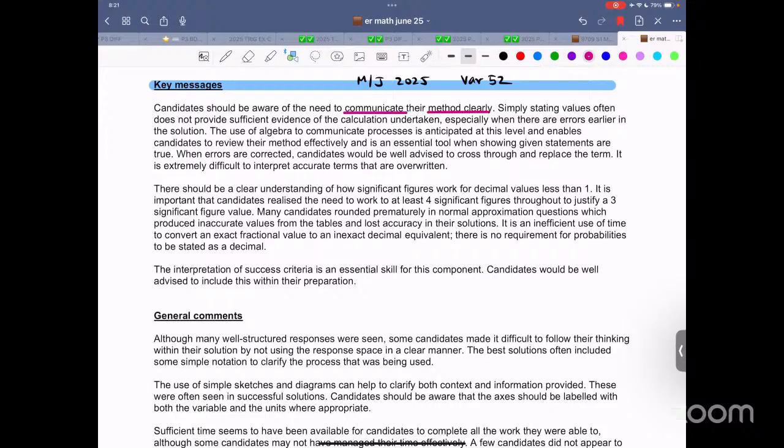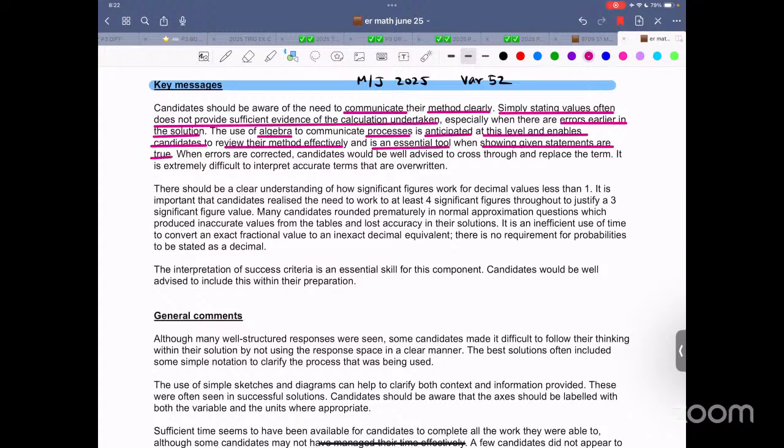We talked about it last time also. Simply stating values often does not provide sufficient evidence of the calculation undertaken, especially when there are errors earlier in the solution. The use of algebra to communicate processes is anticipated at this level and enables candidates to review their method effectively, and is an essential tool when showing given statements are true.